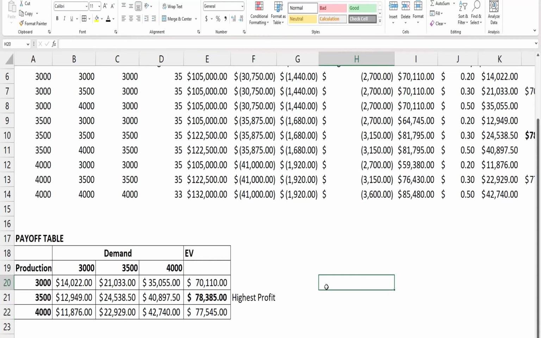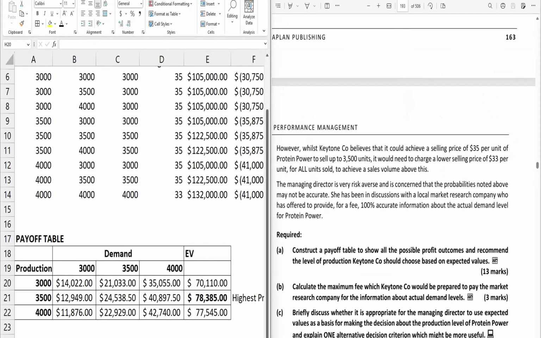Now this is for the first part of requirement A. You can see the question also asks you to recommend the level of production Keytone company should choose based on the expected value. If you don't provide the recommendation, you will lose the marks, right?